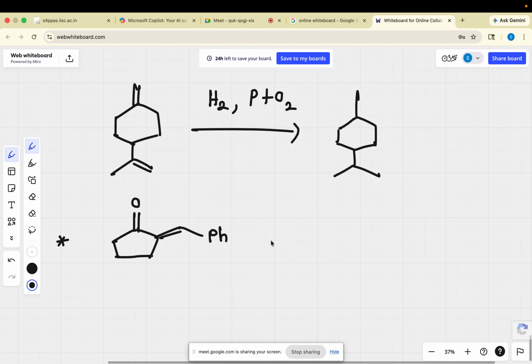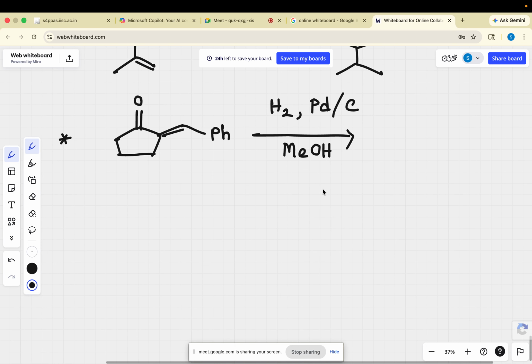Okay, so I have this. I am using hydrogen in presence of palladium on carbon, methanol. If you use this reagent, hydrogen with palladium, carbon, methanol, what will happen? Hydrogenation will take place.